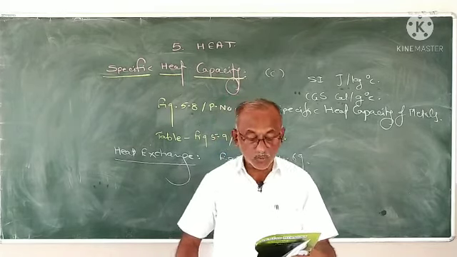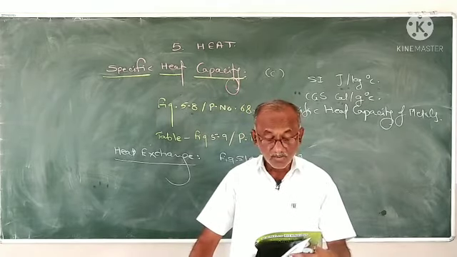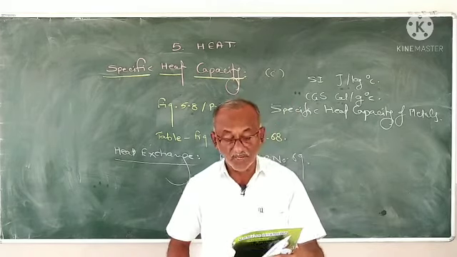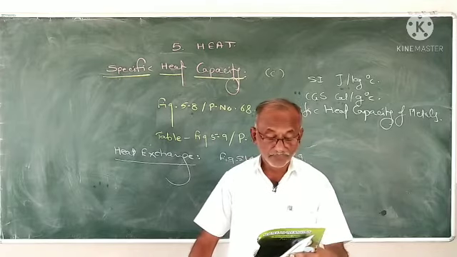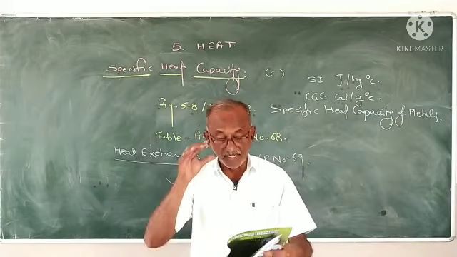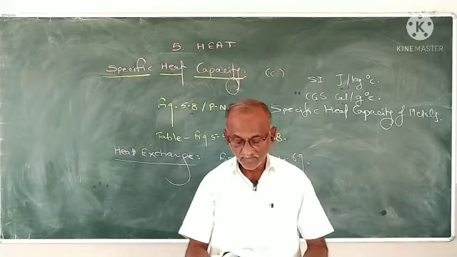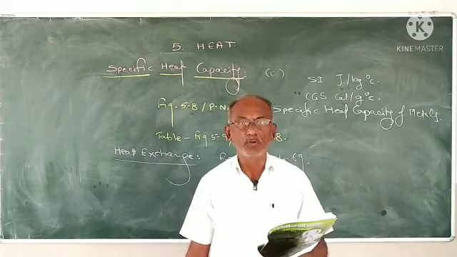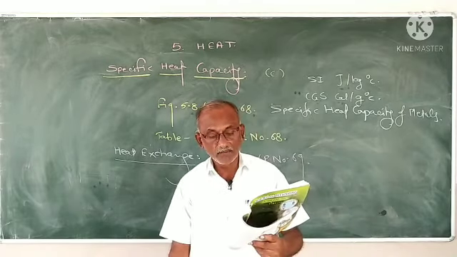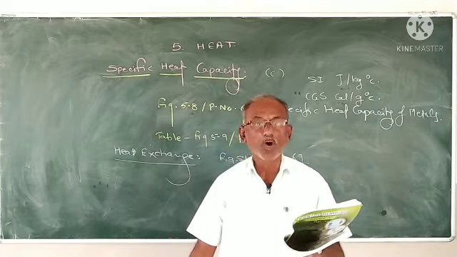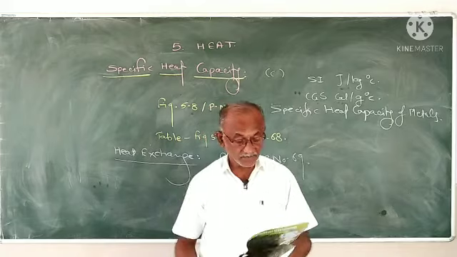The specific heat of these substances is: for water 1 calorie per gram degree Celsius, paraffin 0.54, kerosene 0.52, aluminium 0.215, iron 0.110, copper 0.095, silver 0.056, and for mercury 0.033 calorie per gram degree Celsius.